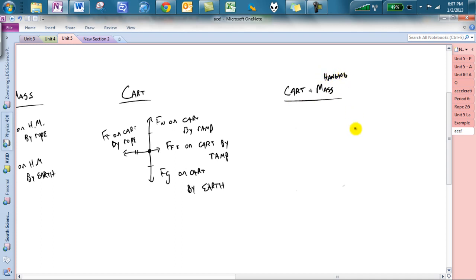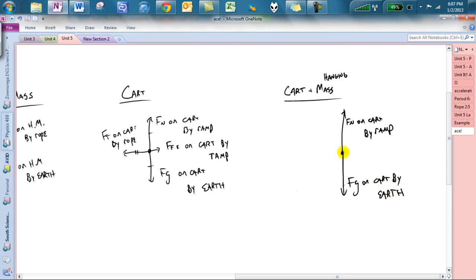And when we combo them, remember anytime that you combo 2 of them, those forces that are in equal and opposite directions, in this case, because the pulley redirects that force, these tensions will be in opposite directions. They disappear. So we are left with this. We have an FN on the cart by the ramp. We have an FG on the cart by Earth.